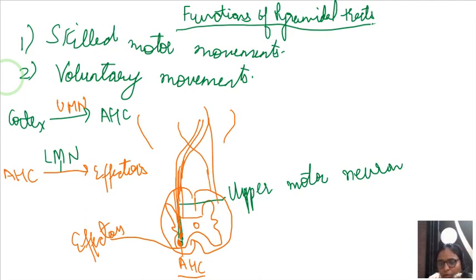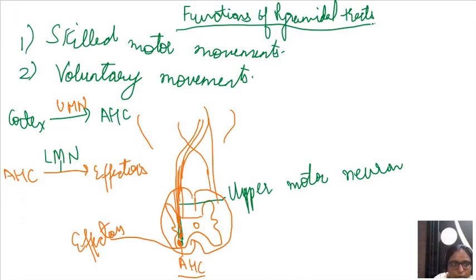I'll tell you how they present, but before that, it is very necessary to understand that the neurons or white matter coming from the cortex up to the anterior horn cell are called your upper motor neurons, and from the anterior horn cell to the effector, they are called your lower motor neurons. Is that clear? If it is clear, we will proceed to the next thing.